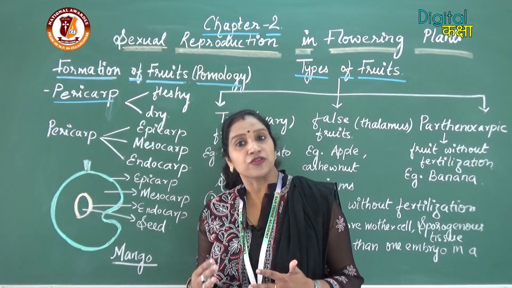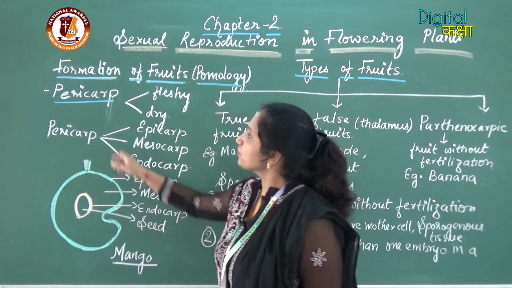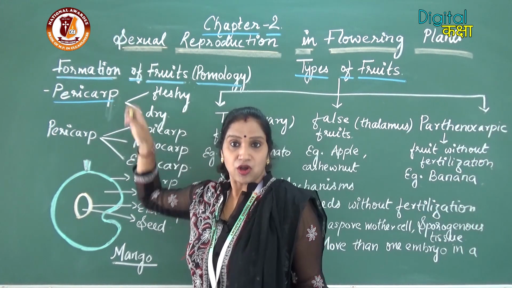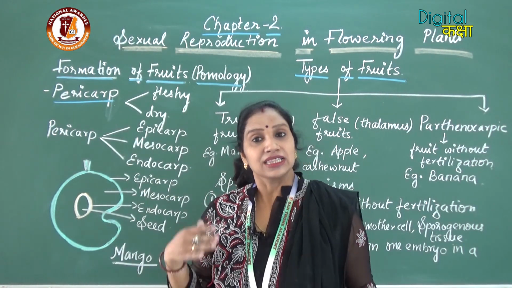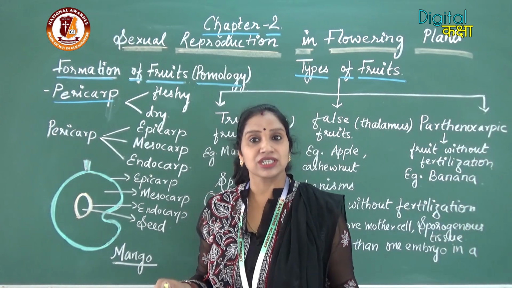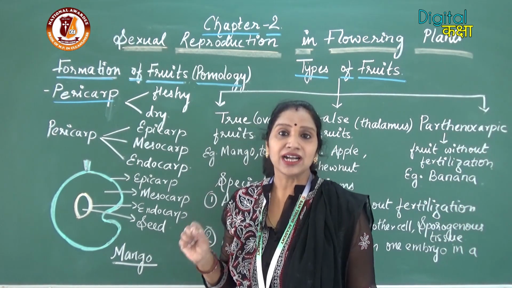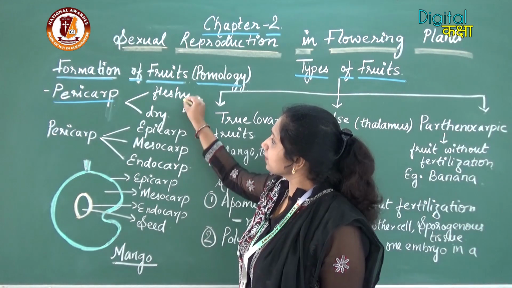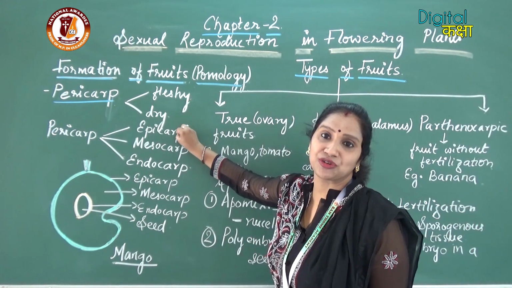Now you know that after the fertilization has occurred, the wall of the ovary thickens to form the pericarp. Or we can say that the wall of the ovary gets modified into a thick structure called the pericarp. This pericarp may be fleshy or may be dry.